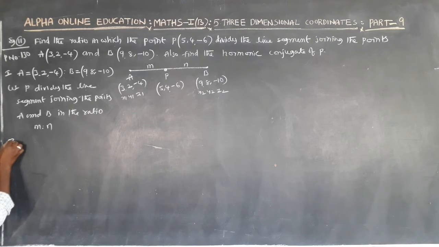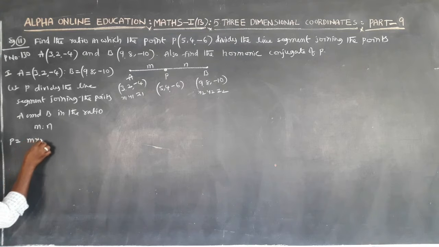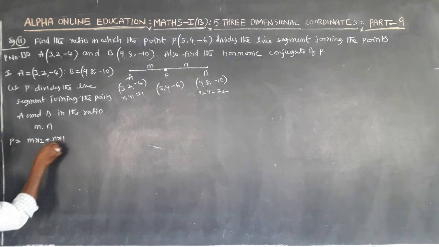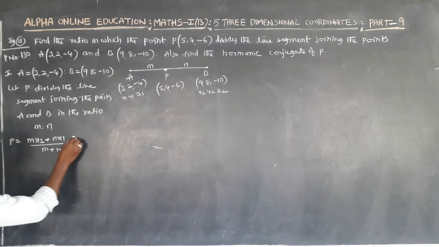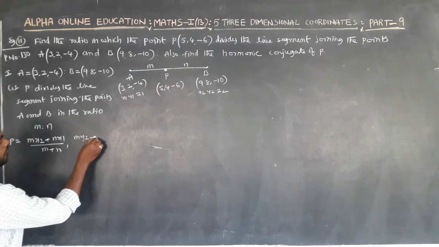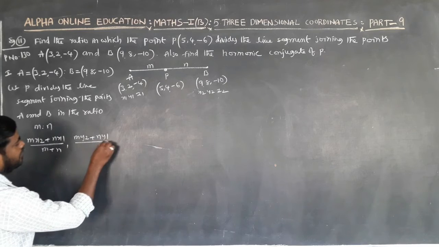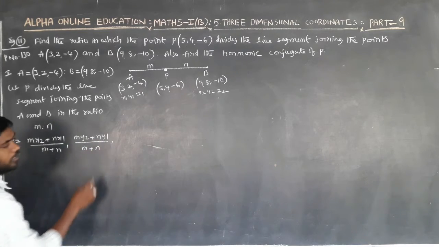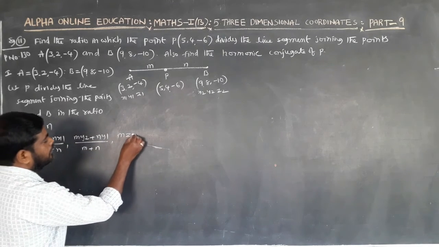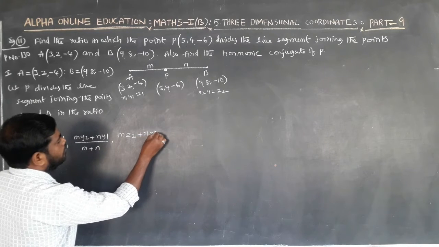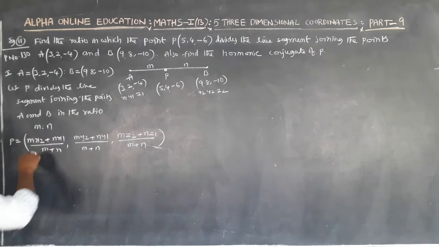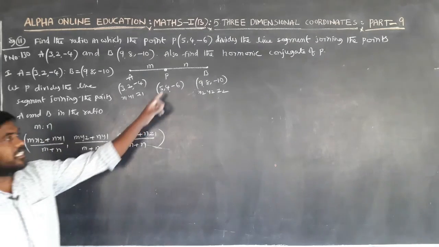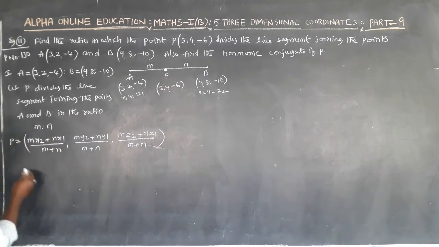The coordinates of the point P are ((m x2 + n x1)/(m + n), (m y2 + n y1)/(m + n), (m z2 + n z1)/(m + n)).